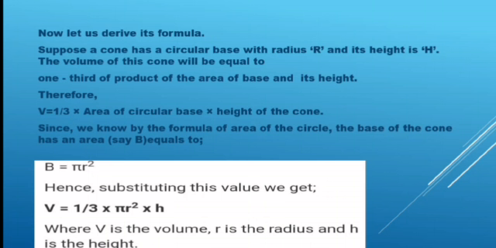Since we know by the formula of area of the circle, the base of the cone has an area equal to B is equal to pi r squared. Hence, substituting this value, we get V is equal to one third into pi r square into h, where V is the volume, r is the radius, and h is the height.